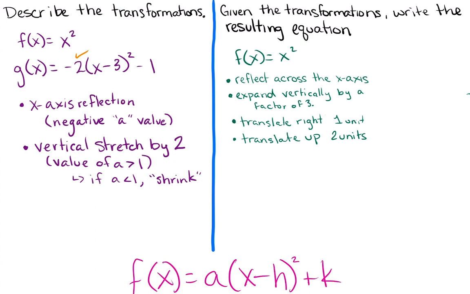But remember, h is a rebel child, which means that even though I see -3 in the equation, I'm not moving towards the negative numbers, which are to the left. Instead, I'm moving to the right 3 units.